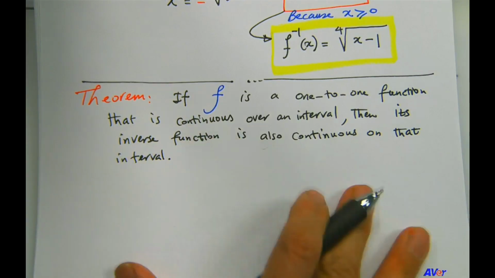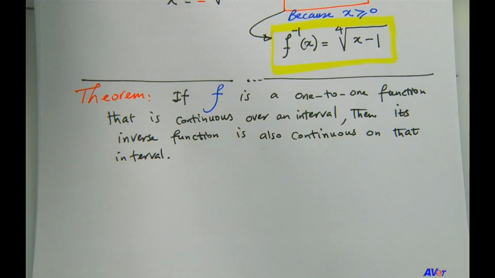This is a natural extension of two functions being inverses of each other. If one is continuous over some interval, then the inverse is also continuous over that same interval.